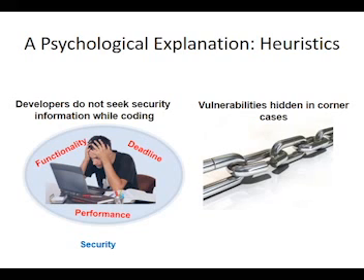Our hypothesis was that, from what we understand, since we have been developers too, developers are concerned about the functionality of the code. They are concerned about tight deadlines. They are concerned about the performance of the code. Given this, and given that their working memory is short, security is probably left behind.